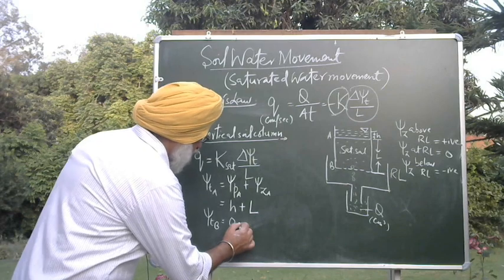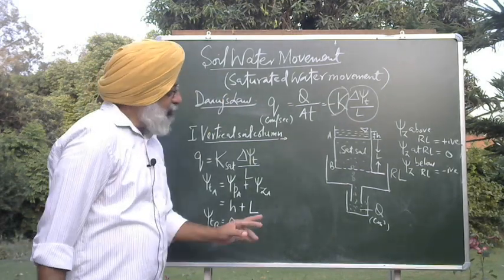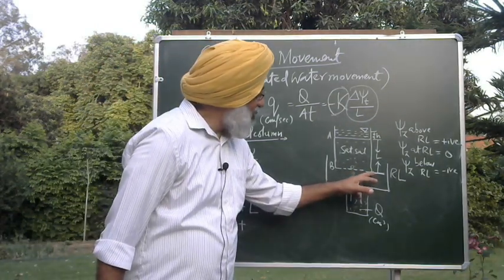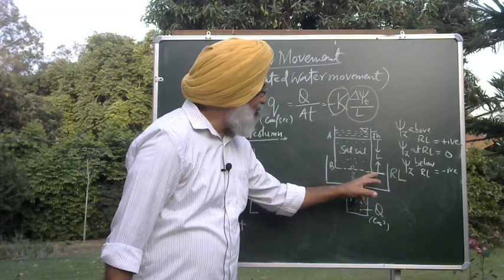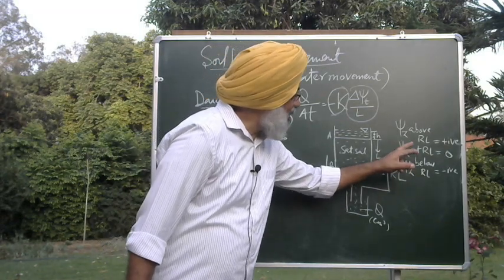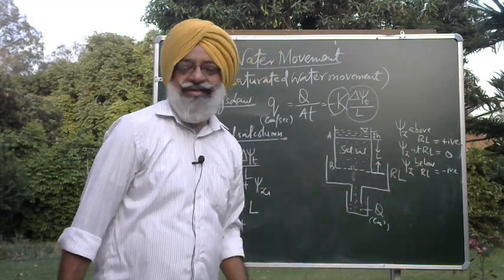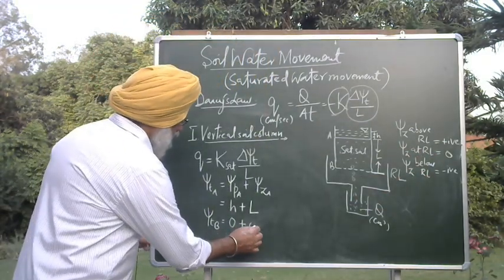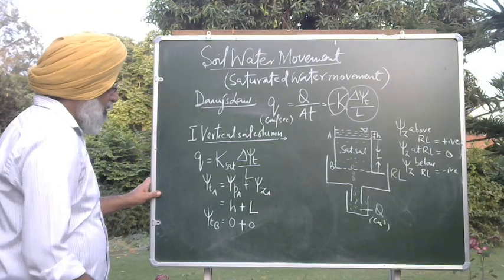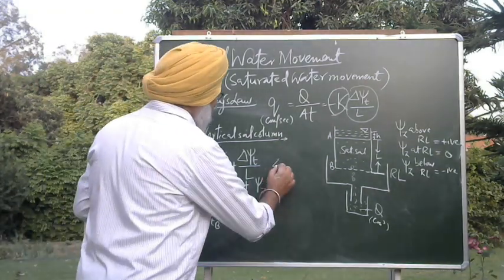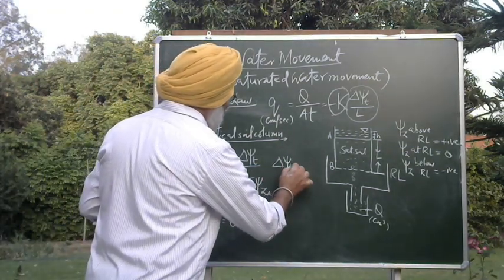So 0 plus, what will be the gravitational potential at B? B is situated at the reference level, and when your point is at the reference level, then this psi z is 0. So 0. Now, what will be the difference in total soil water potential?